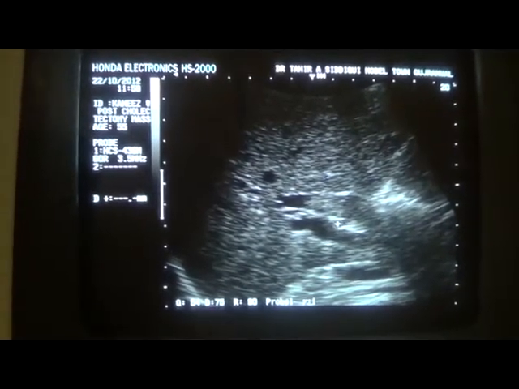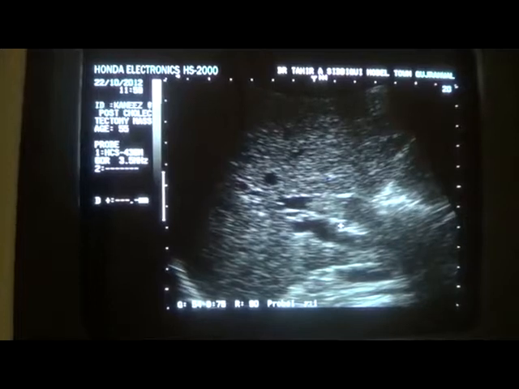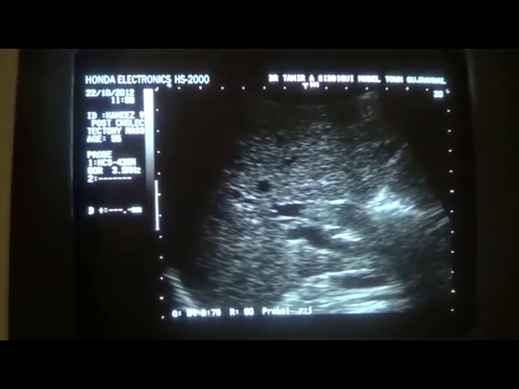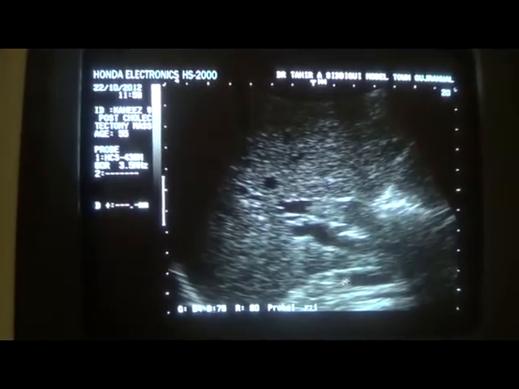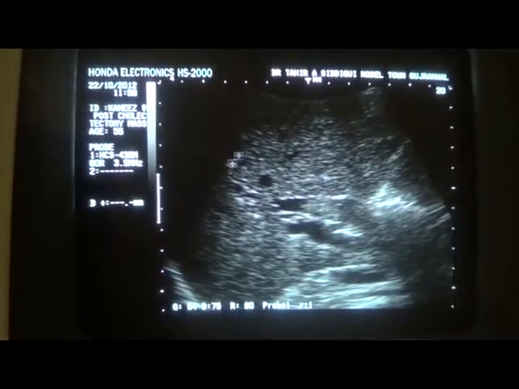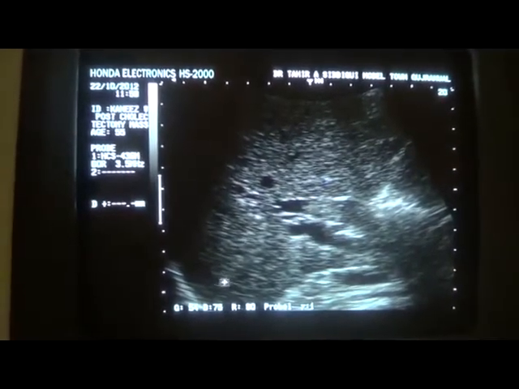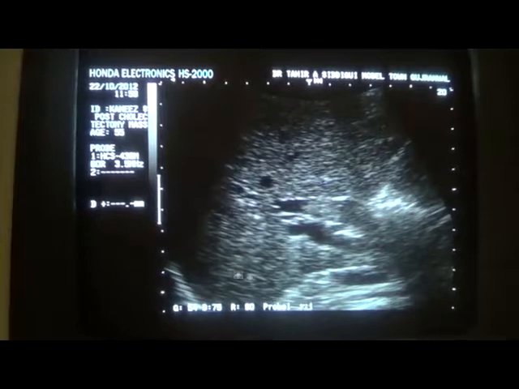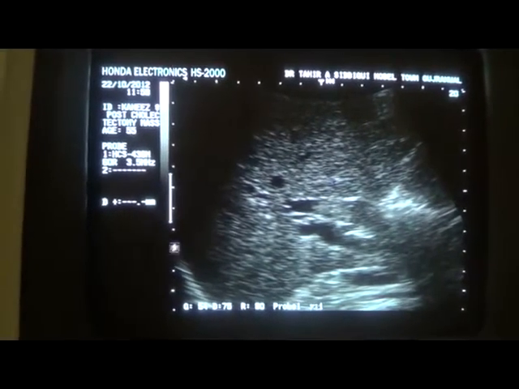This is the hepatic artery in transverse section. This is the portal vein, and this is the IVC in transverse section. This is the liver, early stage cirrhotic liver, the part of the diaphragm.